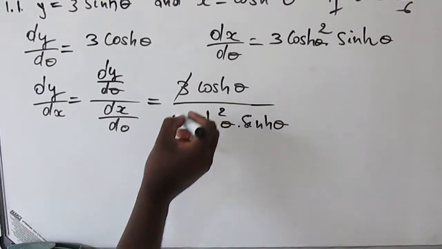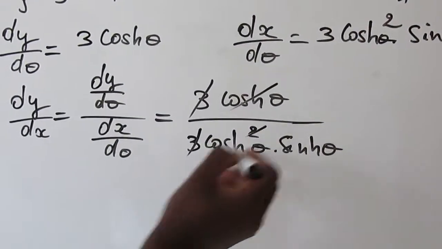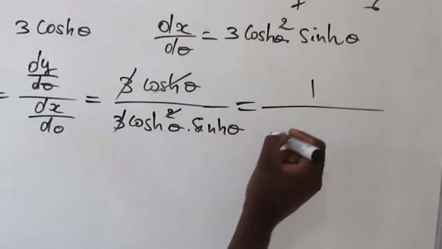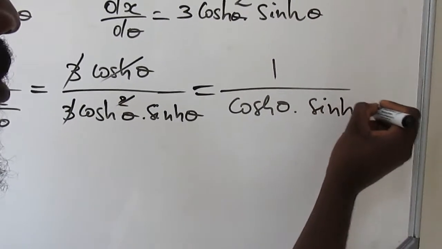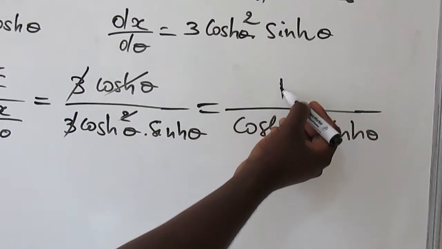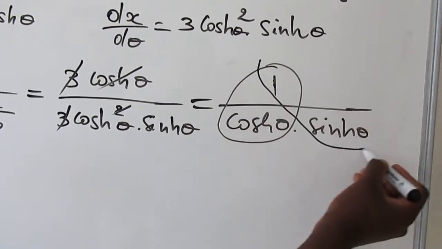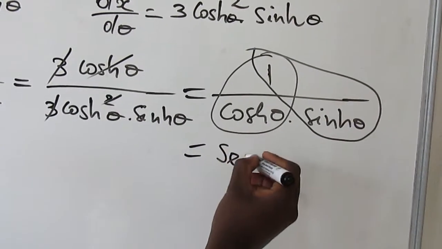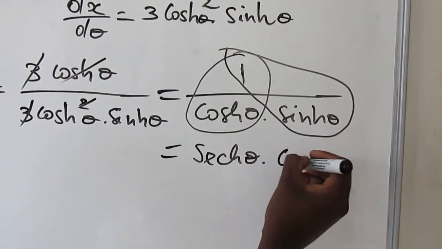We cancel the 3s, we cancel cosh theta, and we also cancel that cosh squared. Here we remain with 1 over cosh of theta multiplied by 1 over sinh of theta. As you can see here, we have 1 over cosh, and you also have 1 over sinh. 1 over cosh is sec of theta, and 1 over sinh is cosec.